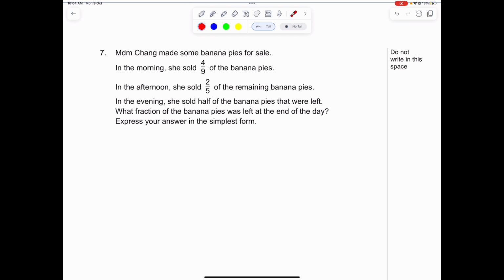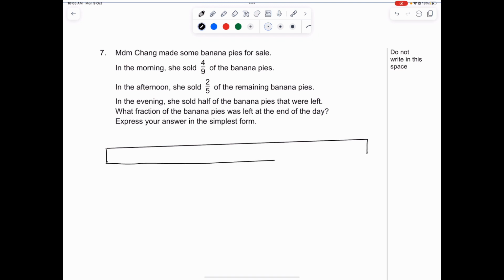So if I'm going to draw this, I know that in total there were 9, in the morning. I'm talking about morning, so I'm going to use red. So I'm going to divide everything that she has into 9 units, as equal as possible. Give me a second.